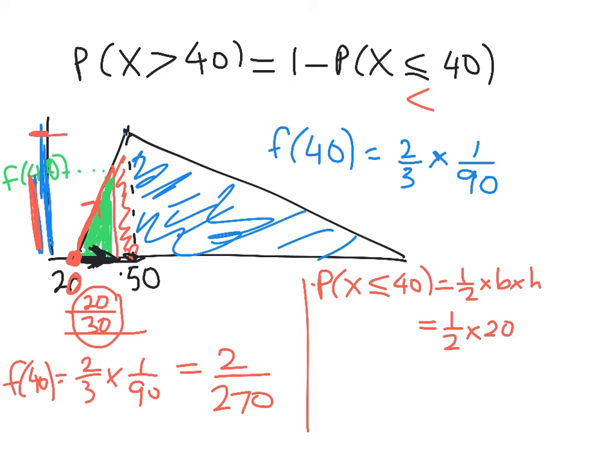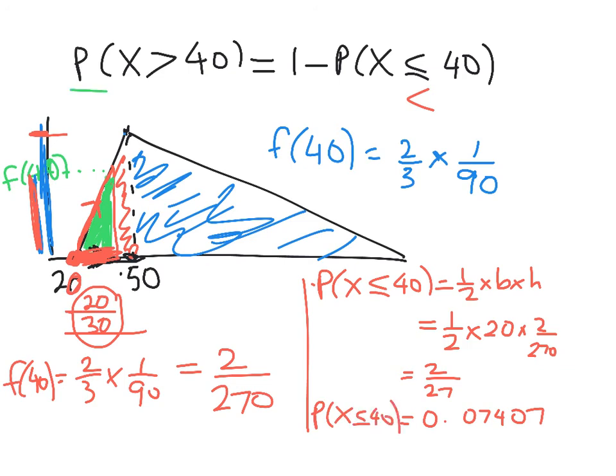The base is from 20 to 40, so it's that bit there, times 2 over 270. So it's going to be quite a little number. It's going to be 2 over 27, which works out to be 0.07407.